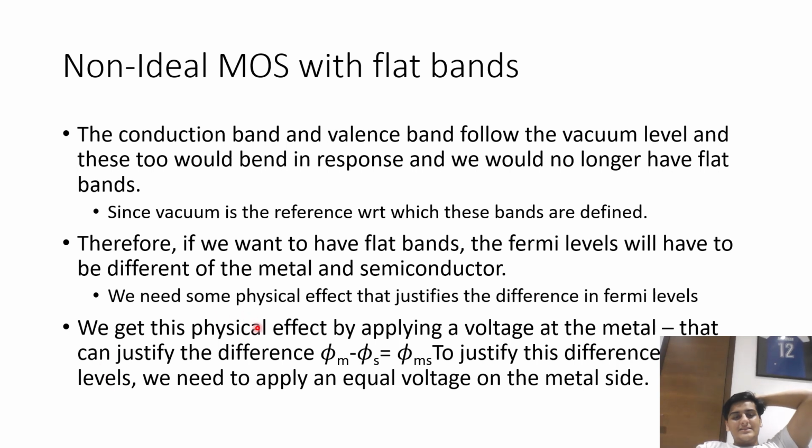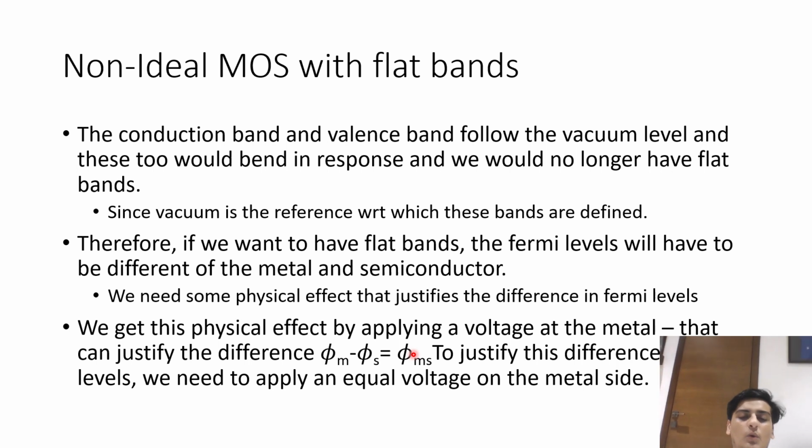So we get this physical effect by applying a voltage at the metal that can justify this difference phi m minus phi s, which we call phi ms. To justify this difference of Fermi levels, we apply this voltage phi ms on the metal side. Say your metal has a work function of 5 electron volts and your semiconductor has a work function of 3 electron volts.